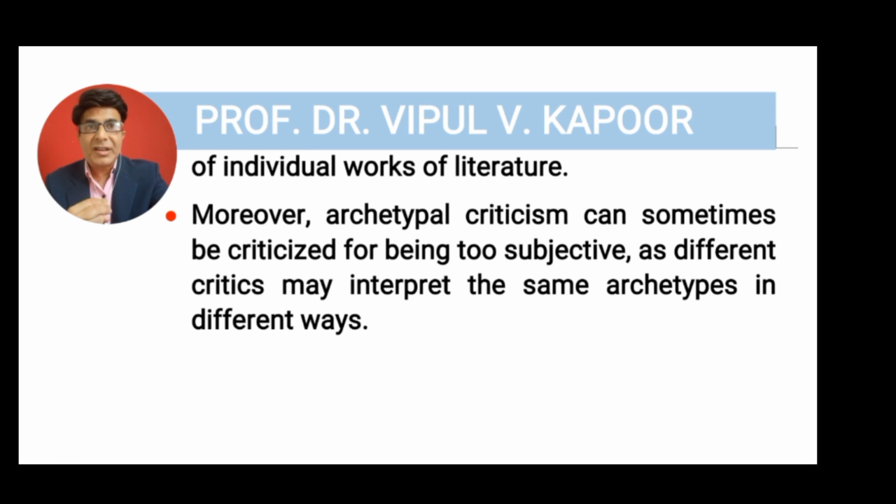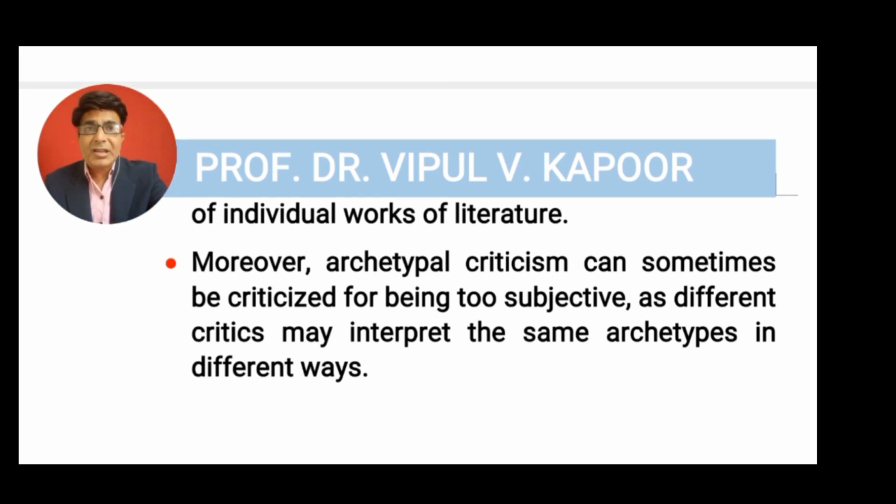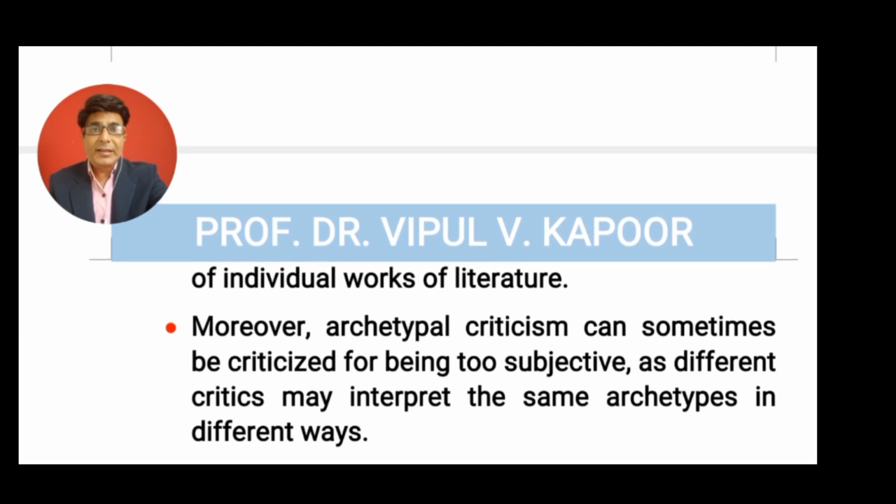Moreover, the second limitation is that archetypal criticism is too subjective, as different critics may interpret the same archetype in a different manner, right? Sometimes this happens. So these are the two important limitations of archetypal criticism.